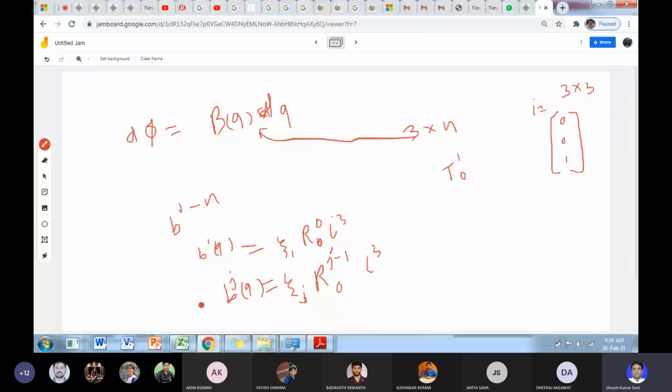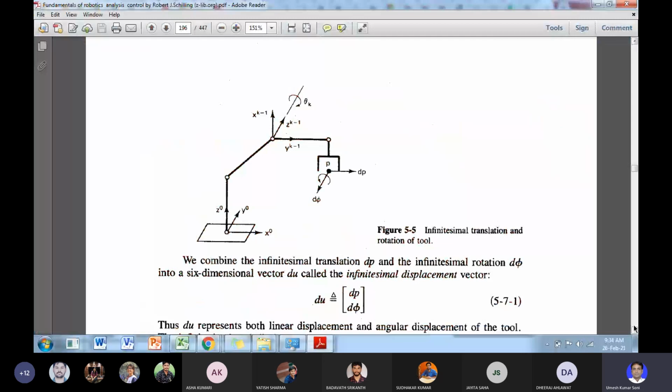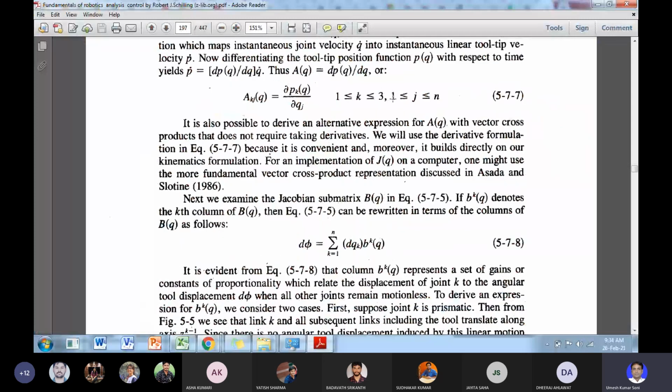Actually, in the book there is a mistake. Up till now J has been taken as the joint variable. Here it has given the notation for joint as K, and K varies from 0 to 1 to n.